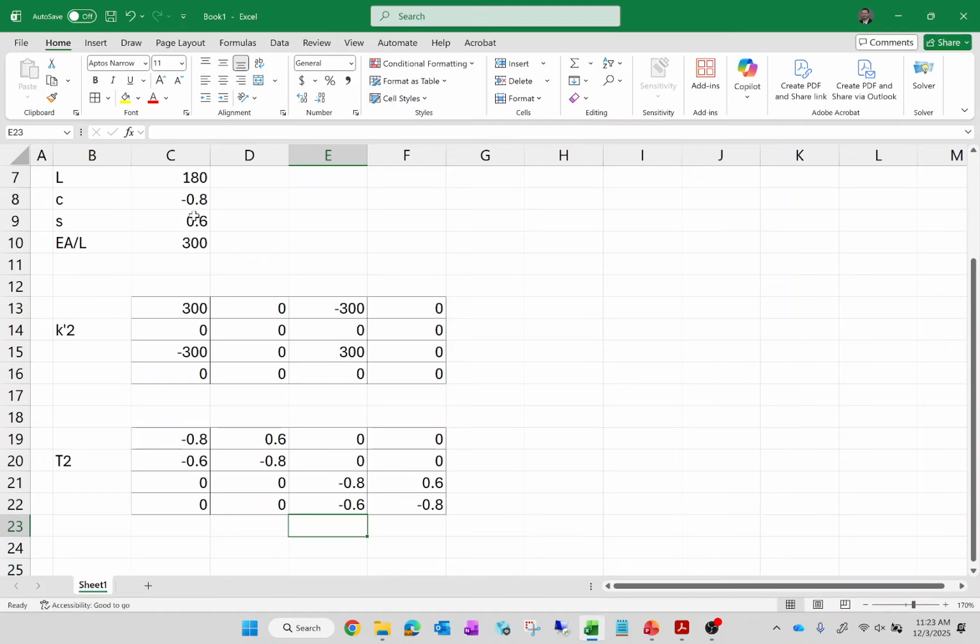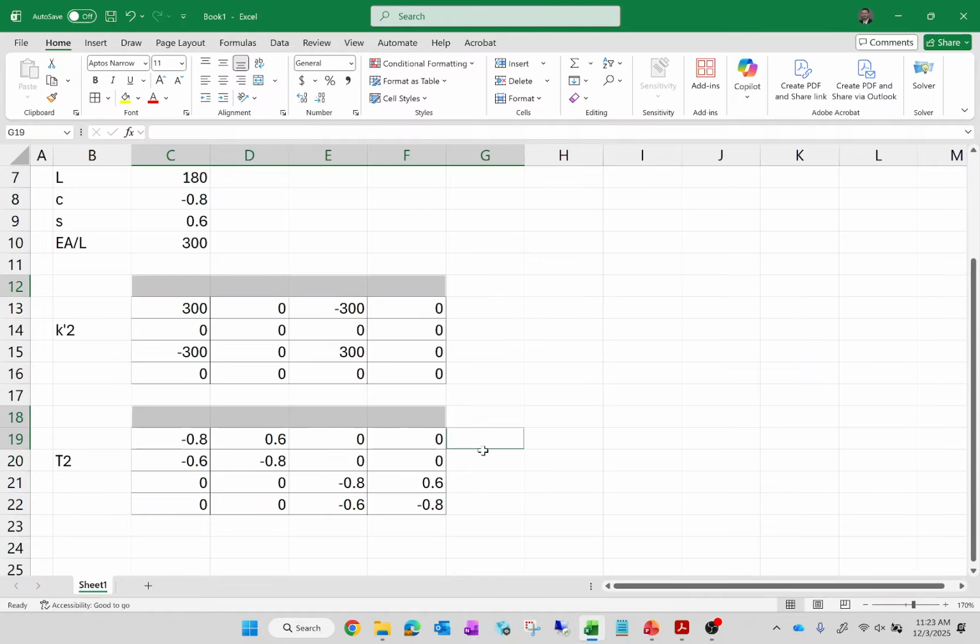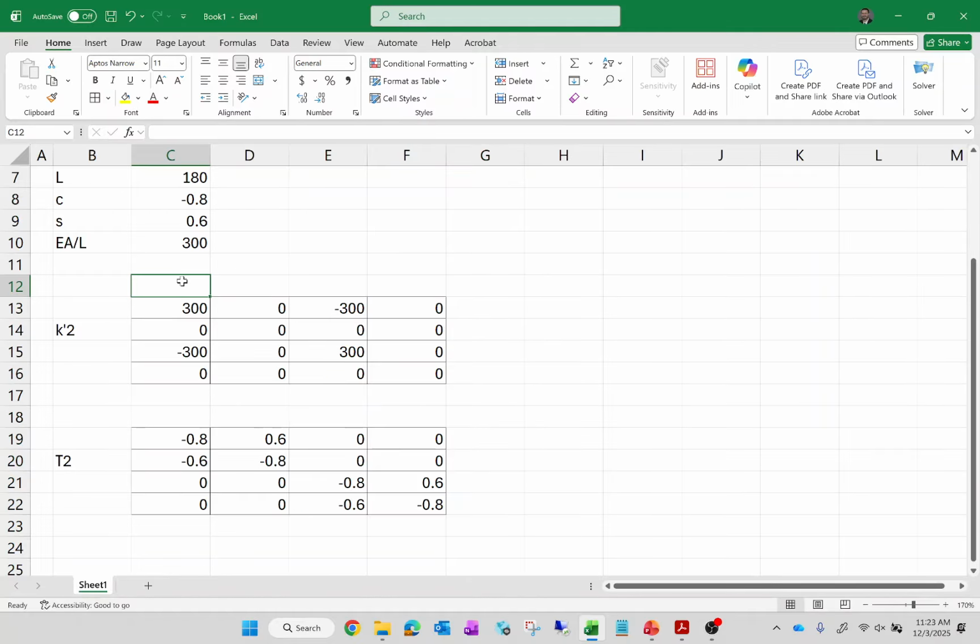Sound good? All right, now, before we start figuring out our K matrix, I want to do something right here, okay? And I want to see if everybody's following along with me on this. So I'm going to take this cell, this, and this. We'll make them red. And I'm going to do this.